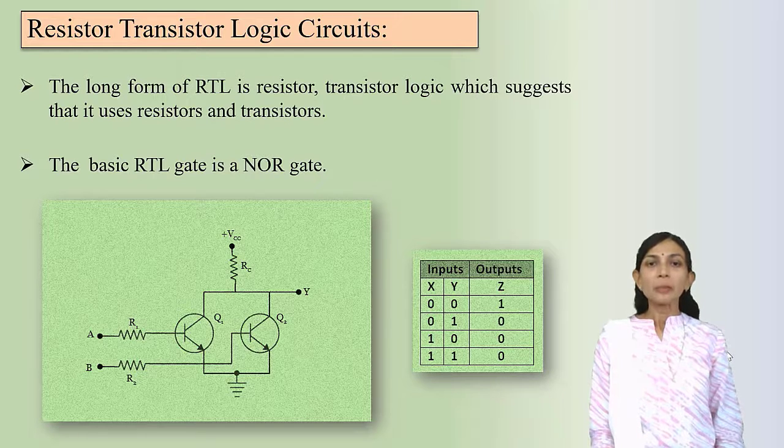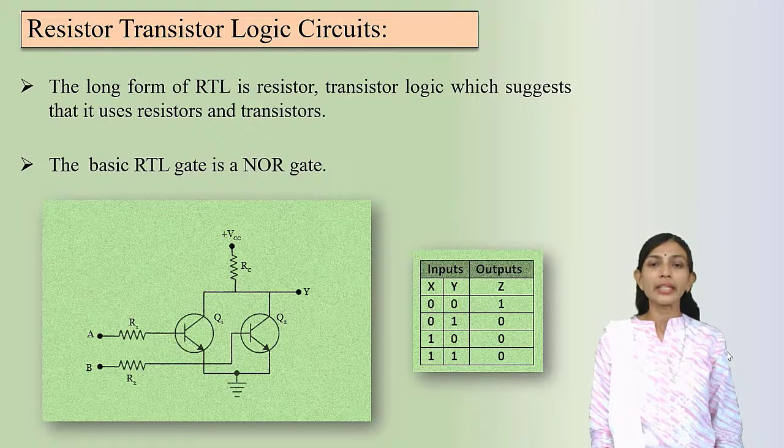Across Y, the plus VCC will be there, so the output at the Y terminal is 1, high, because plus VCC is nothing but high. For digital circuits, plus VCC is denoted by 1. So for case 1, both inputs 0 0, the output is 1.